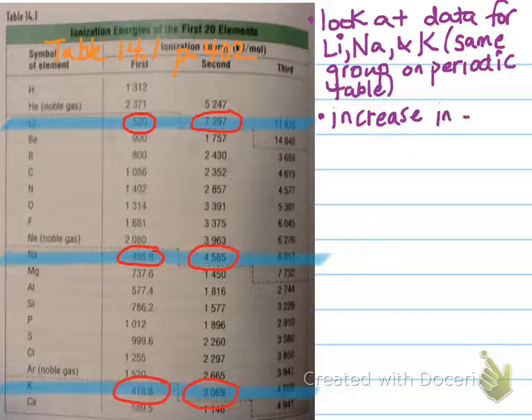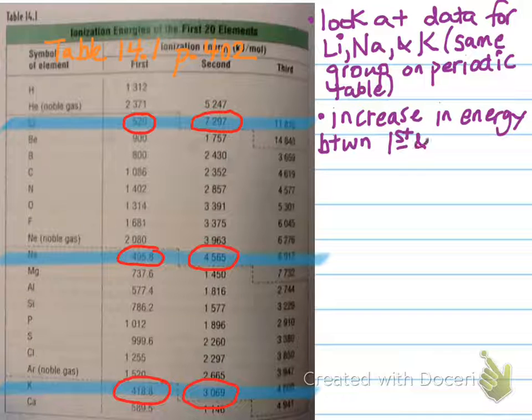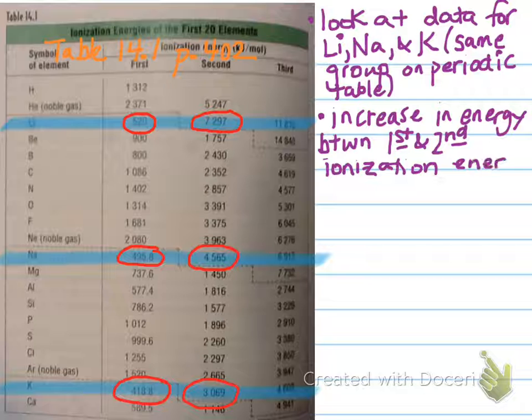So what we're seeing here is an increase in the energy between the first and second ionization energies. Okay, and it's large. We see a big increase there.